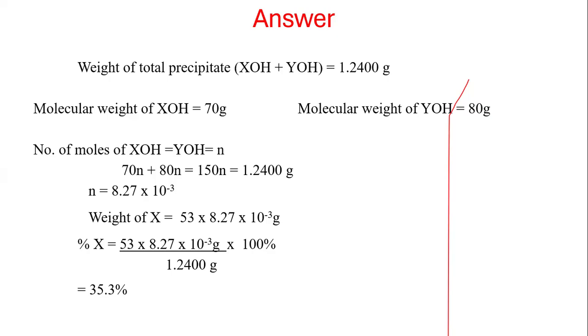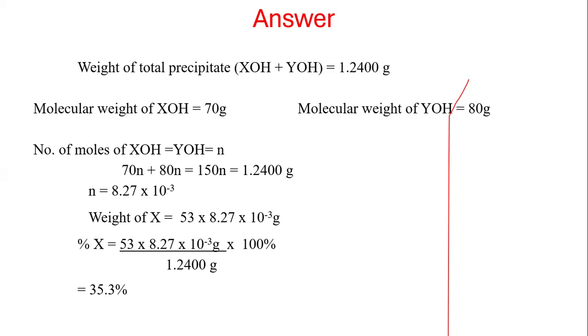Then how to overcome these things? How can you make a small weight of an analyte into a bigger weight, making a precipitate having a large weight, like nickel dimethylglyoxime?